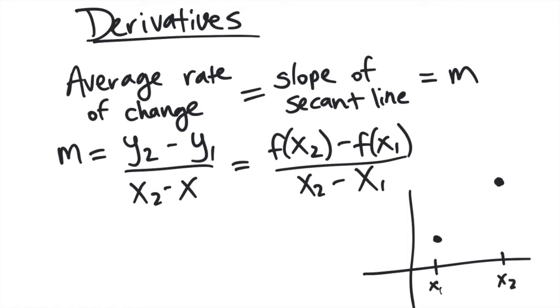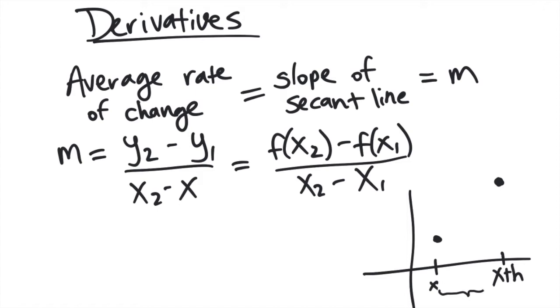We're not going to call it x1 and x2. Now we're just going to call it x as the first point. And then the second point we're going to call x plus h. So in other words, if you look at the distance between these 2 points, the distance between those 2 points is h.